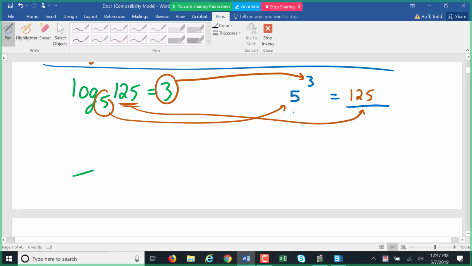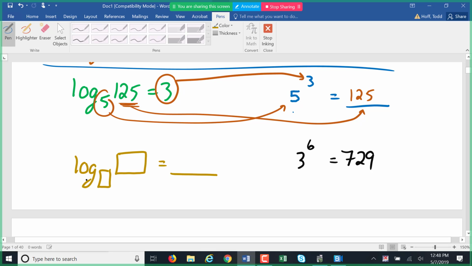If I wanted to go the other direction, if I had 3 to the power of 6 equals 729, that's exponential form. If I want to convert that back to logarithmic form, what is the base of my log going to be here?